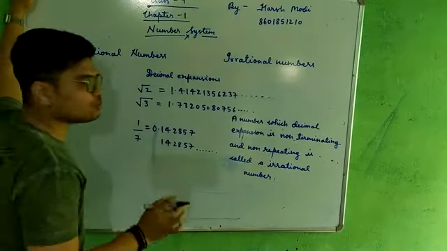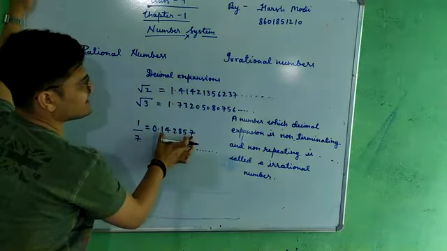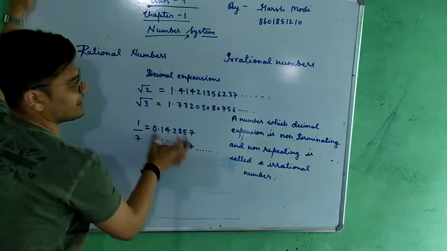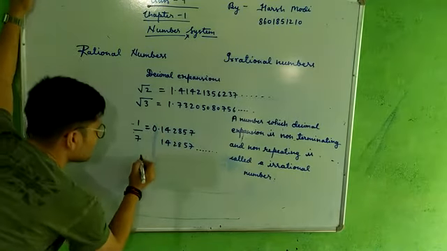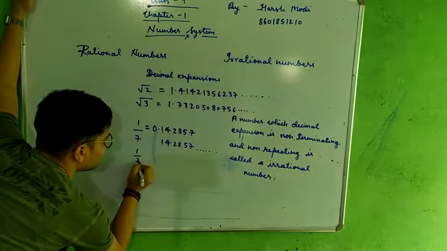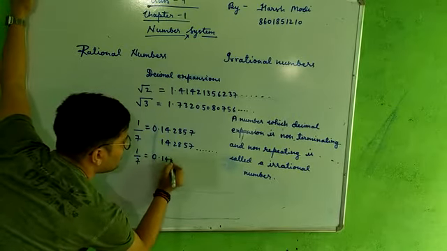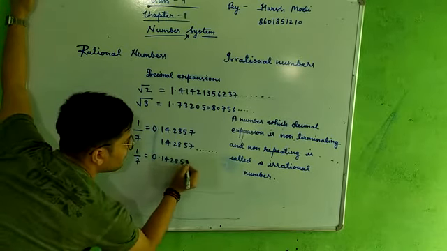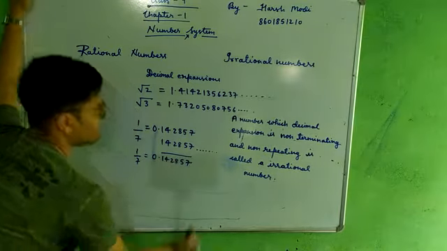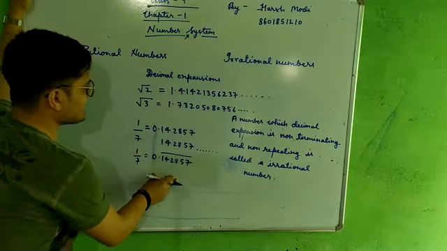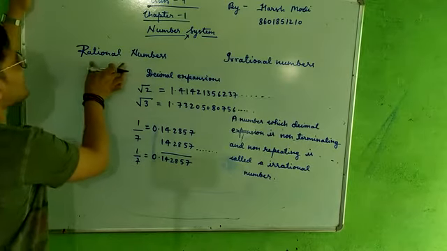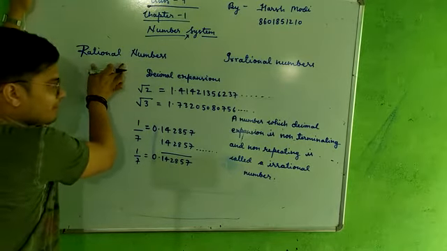These 6 digits repeat continuously, so we place a bar sign over 0.142857, and this is a rational number.